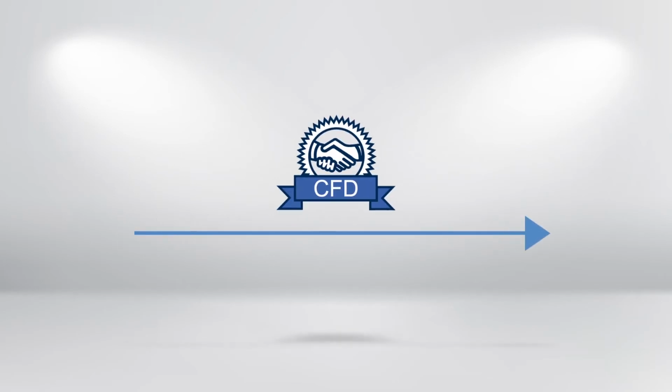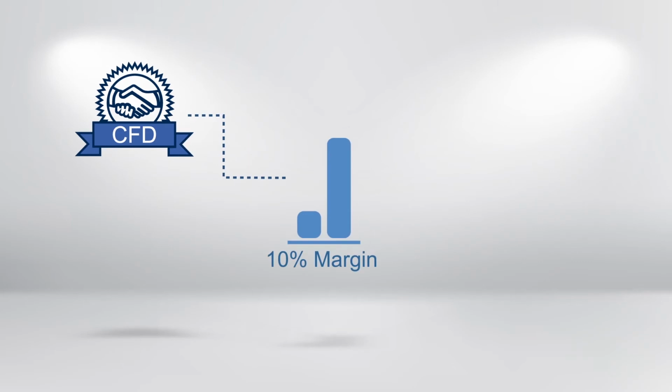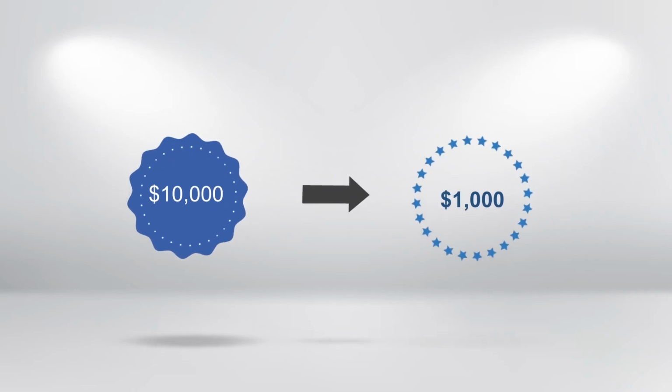If you'd done the same trade via a CFD, it would have had different consequences. Let's say that your CFD provider quotes a margin of 10% on the ABC stock. Therefore, to buy $10,000 of shares, you'd need $1,000 in your margin account.